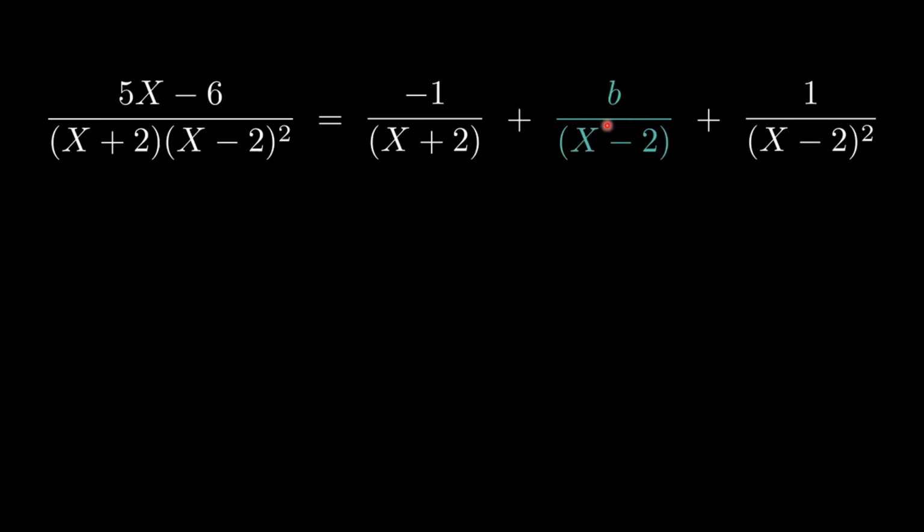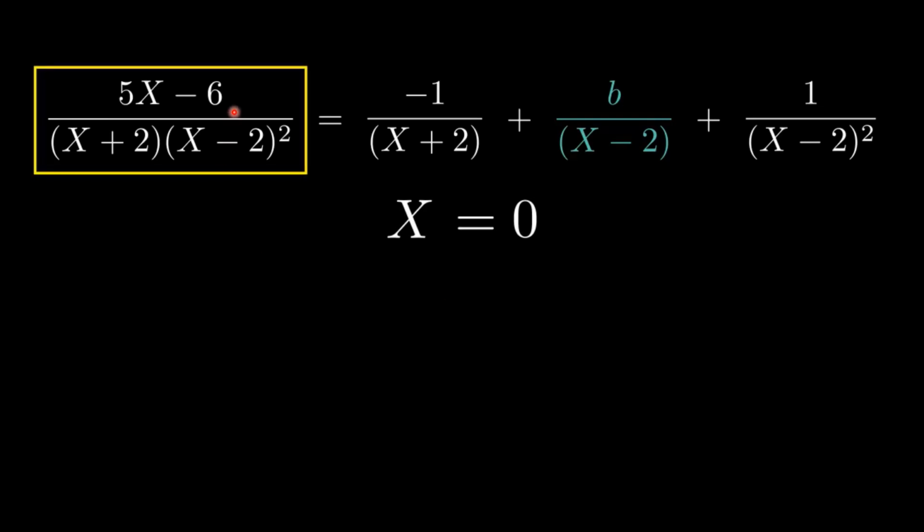We can find b by two methods. For the first method, this equality is true for any real x different from negative 2 and 2, because we can't divide by 0. Then what is the best value of x that gives b? We can take, for example, x equals 0.